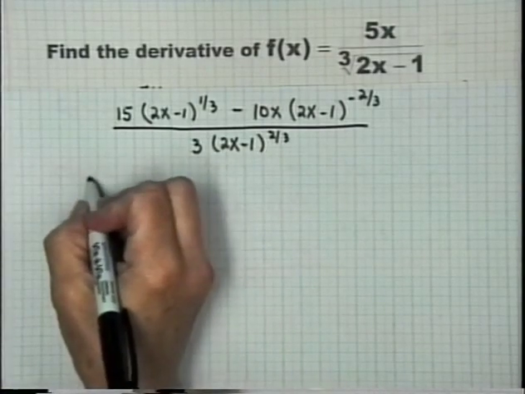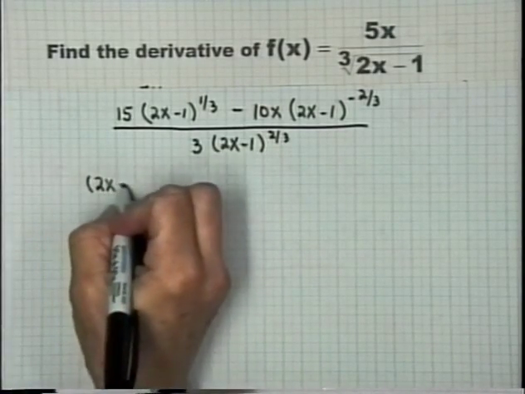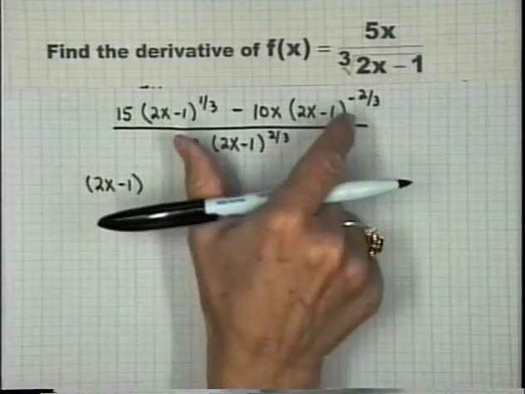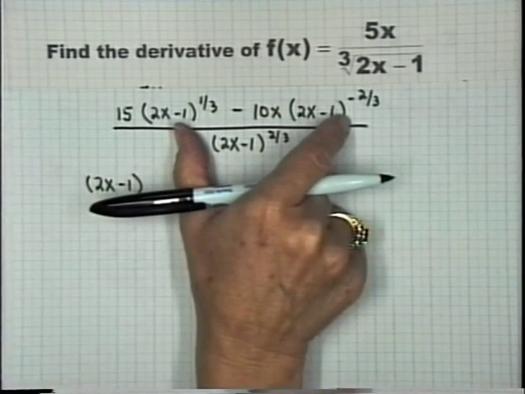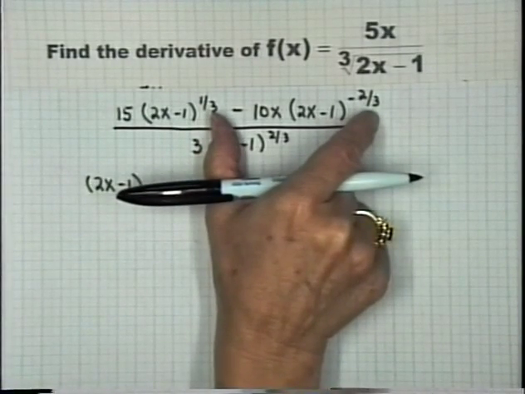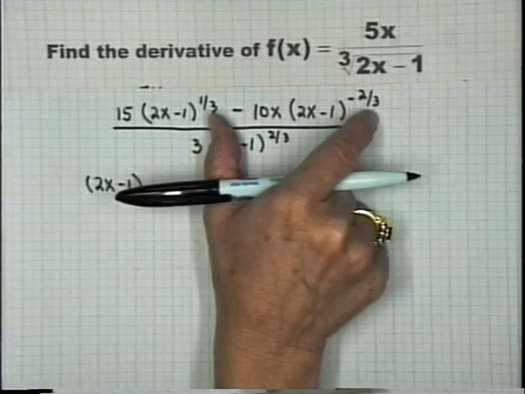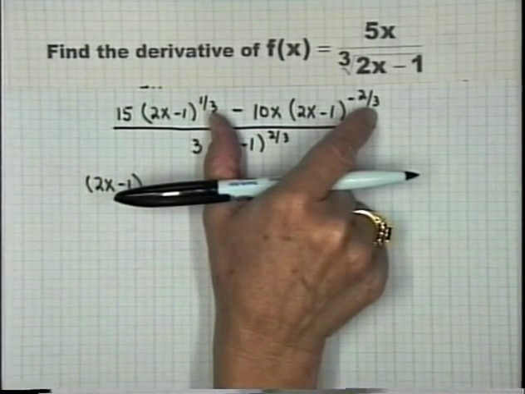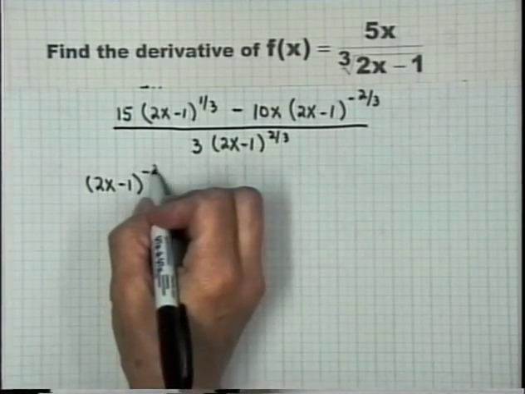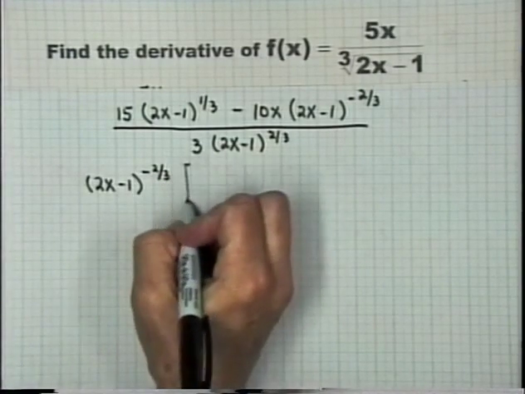So let's take out a power of 2x minus 1. Now you might recall that when you're factoring, you always factor it out to the smallest exponent. Well, if you compare 1/3 and negative 2/3, remember negative 2/3 is smaller than 1/3. So we're going to factor this out to the negative 2/3 power.